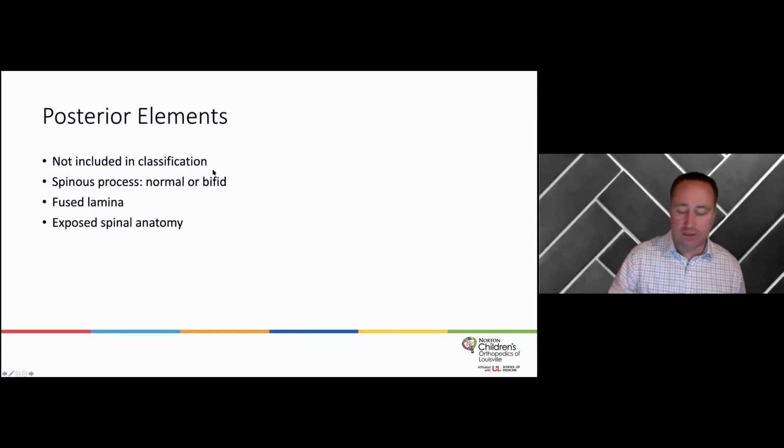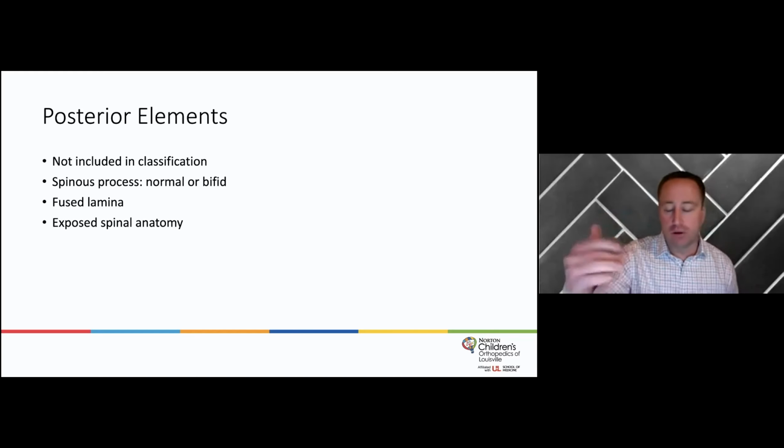But oftentimes in congenital scoliosis, the spinous process may be abnormal. Normally it should be one confluence that you can feel on the back, or it can be bifid, where it doesn't actually connect in the middle, and it has two little prominences coming off. You could have a fused lamina, where the different levels are fused.